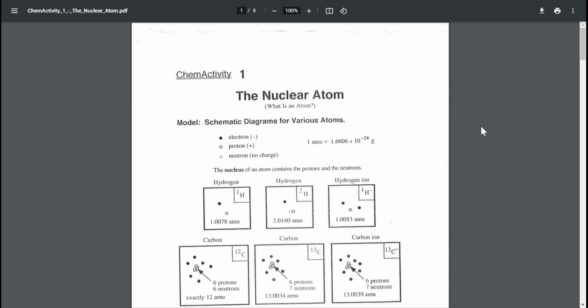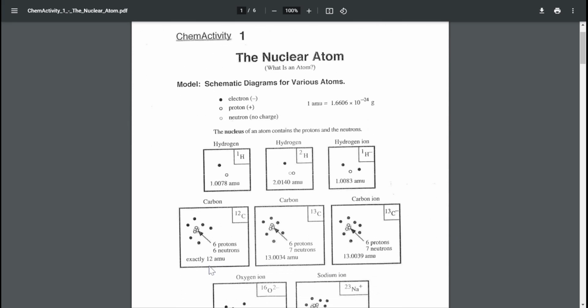Doing this exercise, you can look at the specific AMU, which is how much one hydrogen with 1 proton will weigh in atomic mass units. Or you can just assume that hydrogen 1 has 1 AMU and that carbon 12 has 12 AMU, which is actually what it does, since AMU is based on carbon 12.